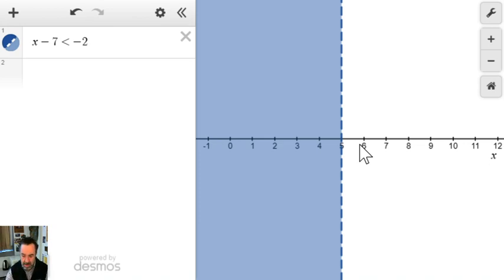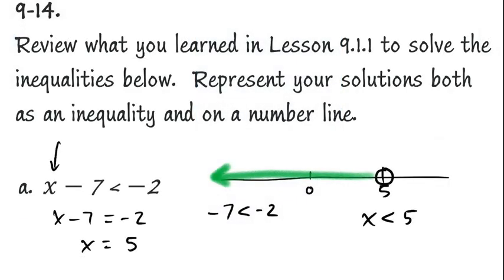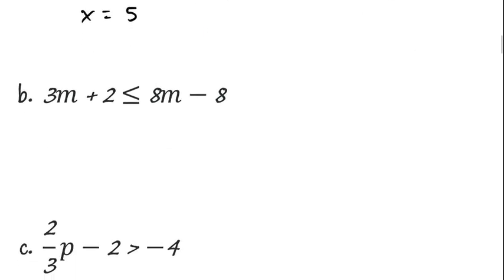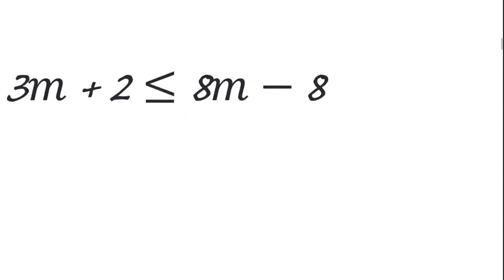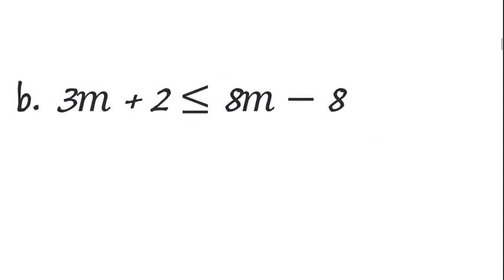Let's go back and take a look at our next example. For our next one, we have 3m plus 2 is less than or equal to 8m minus 8. I'm going to subtract 3m from both sides.